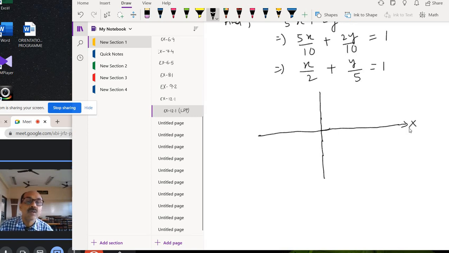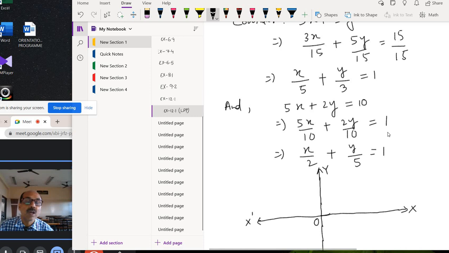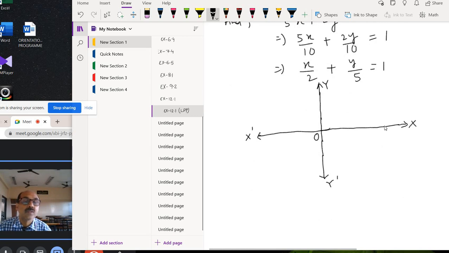This is x, this is y, x dashed, y dashed, and origin O. The first line is x/5 + y/3 = 1, so on the x-axis 5 units and on the y-axis 3 units.